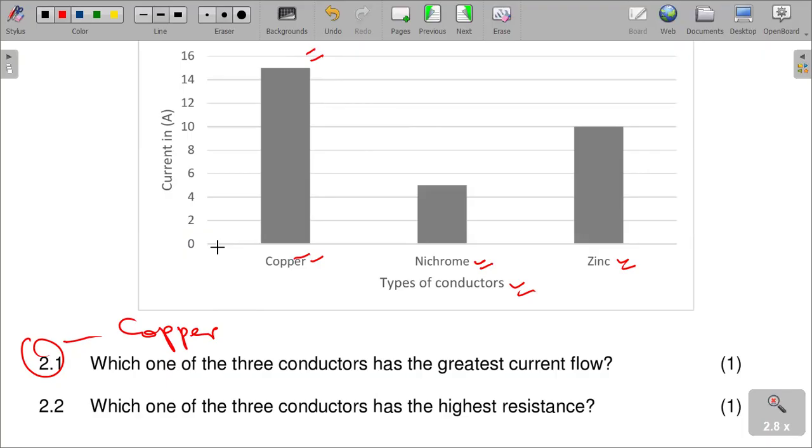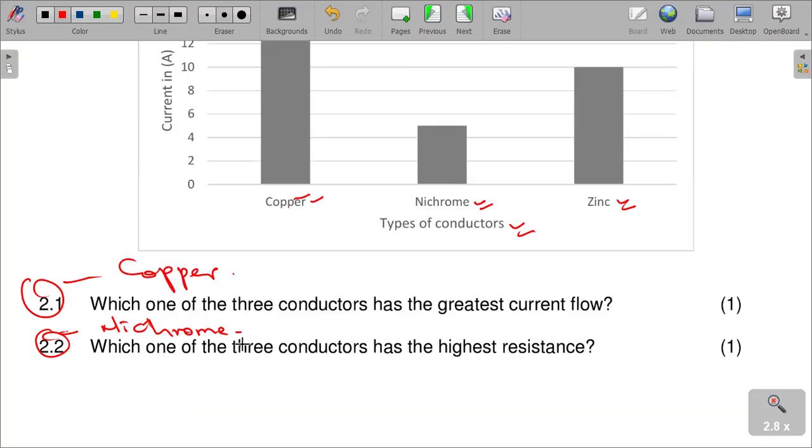Which of the three conductors has the highest resistance? The resistance is shown by the one with the least current flow, which is the one which has got the highest resistance. So we are saying it is the nichrome. Understand?